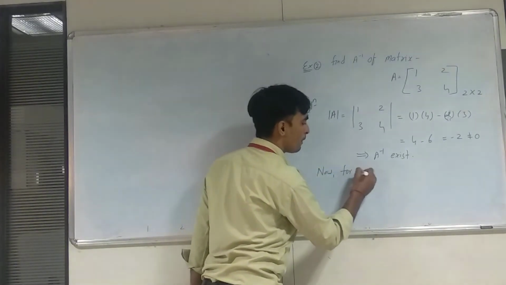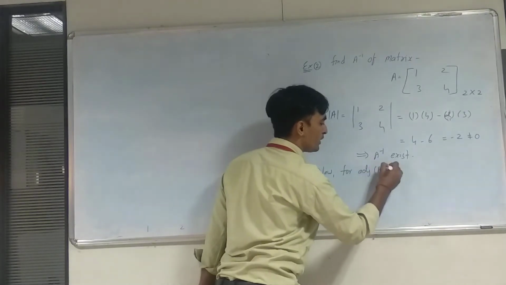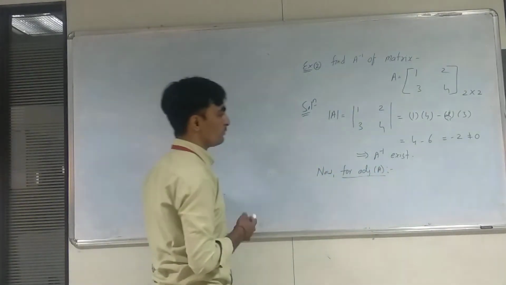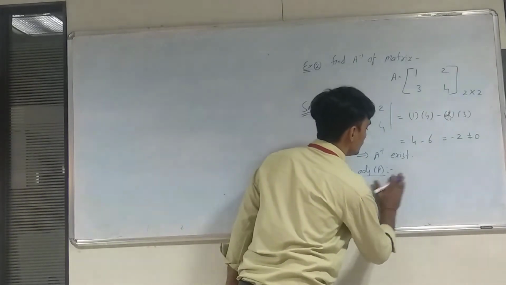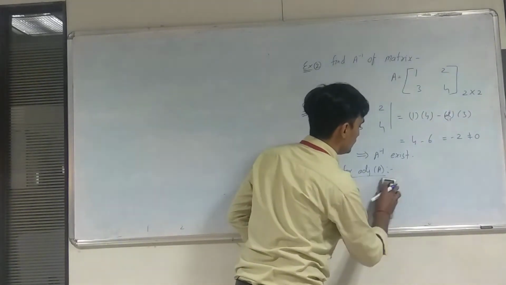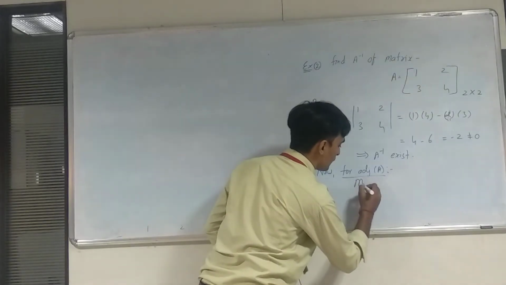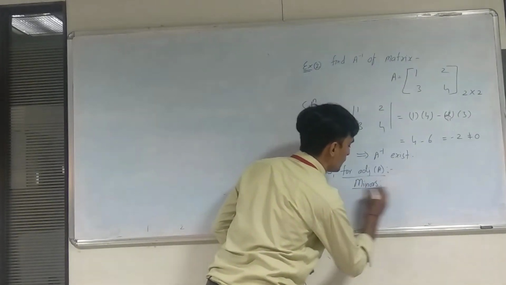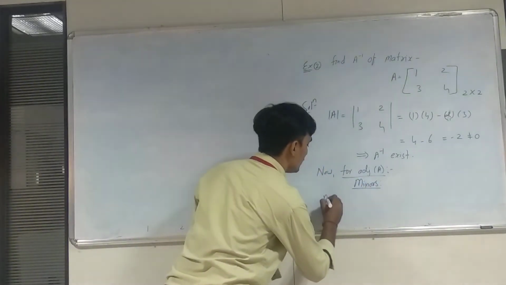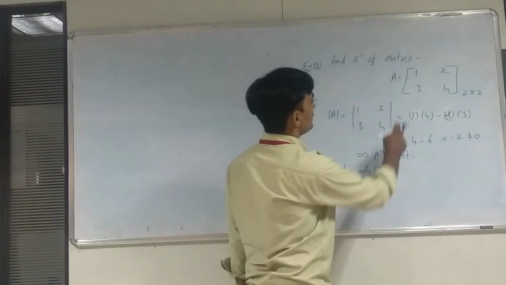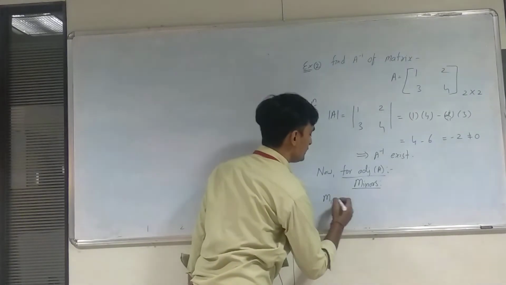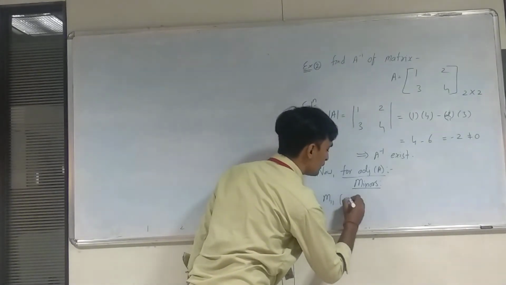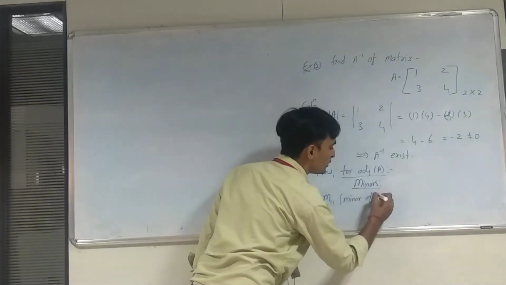Now for adjoint of A, second step. So first of all, find out all the minors. M11. It is minor of first row, first column. So it is minor of 1.